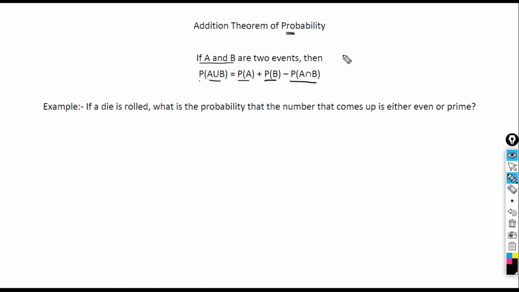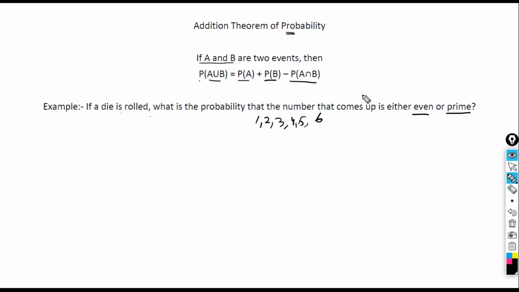Right? Like if we take an example: if a die is rolled, what is the probability that the number that comes up is either even or prime? As we know, out of 1, 2, 3, 4, 5, 6, one way of looking at this is straightaway that the number required is even or prime.